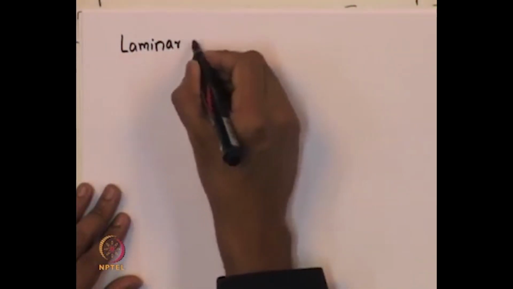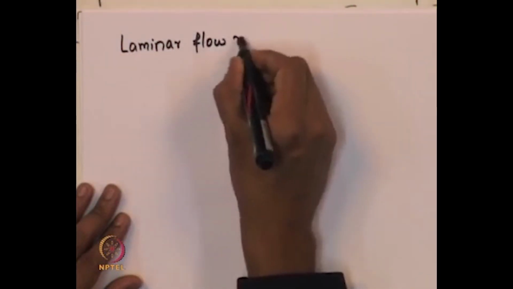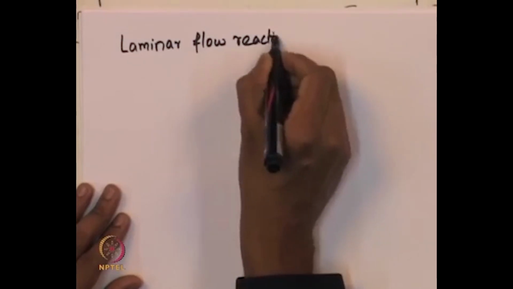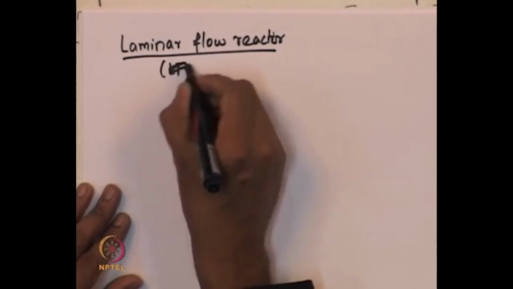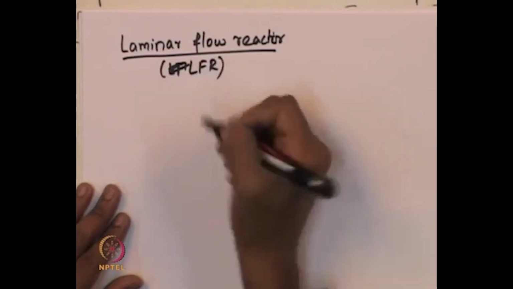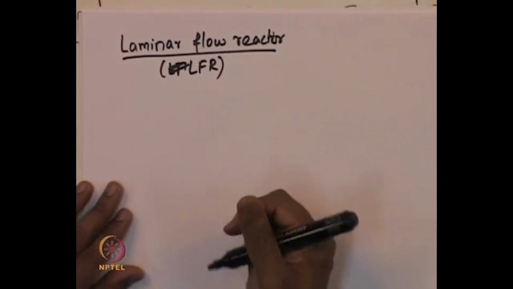So, next let us look at another reactor, the laminar flow reactor. Let us try to estimate the RTD function for the laminar flow reactor, which will be referred to as LFR hereafter.